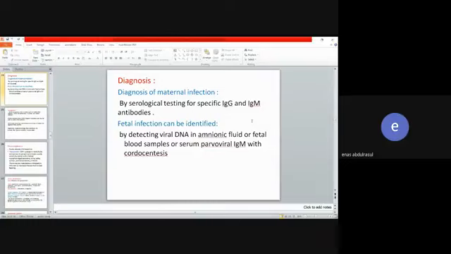The diagnosis here is usually made by performing PCR on the amniotic fluid obtained via amniocentesis, or on fetal blood obtained via cordocentesis, or by detecting parvoviral specific antibodies, IgM of course, that indicates acute infection within the fetal blood.